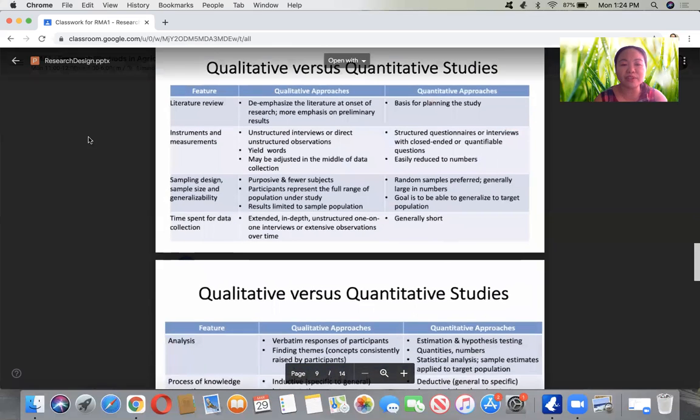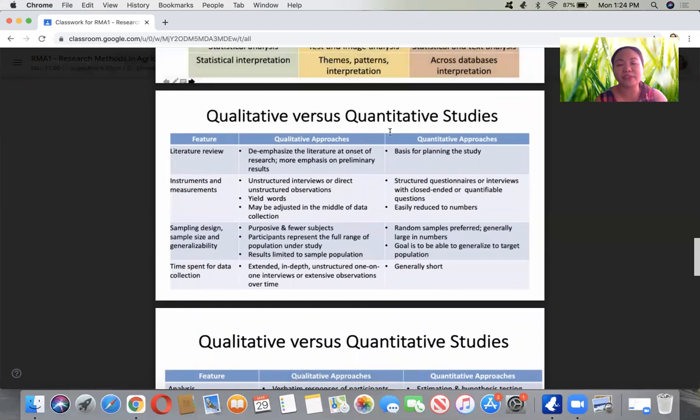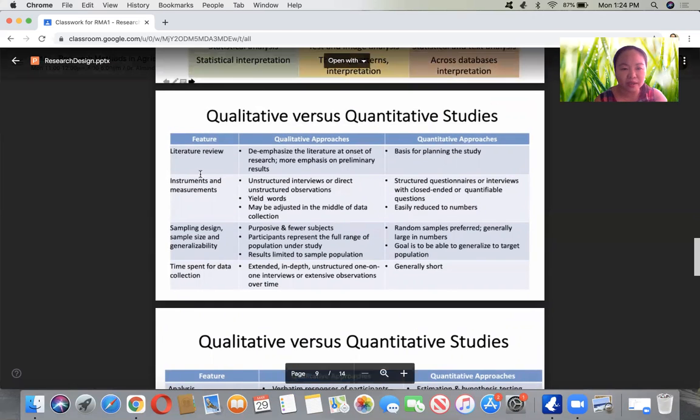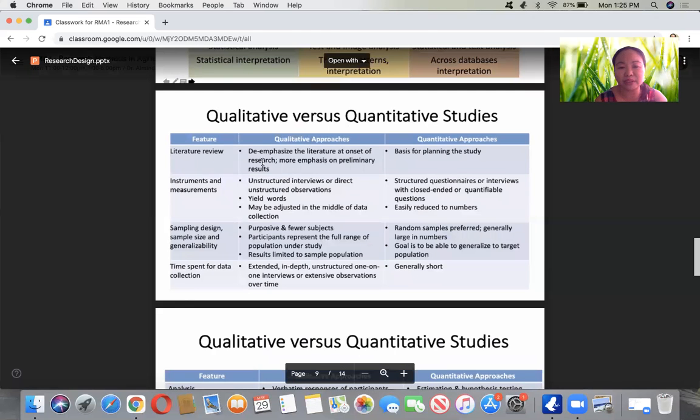So in terms of different features, a comparison between qualitative versus quantitative studies: in terms of literature review, for the qualitative approach, you de-emphasize the literature at the onset of research, with more emphasis on preliminary results. But for the quantitative approach, these are the bases for planning the study when you speak of literature review.